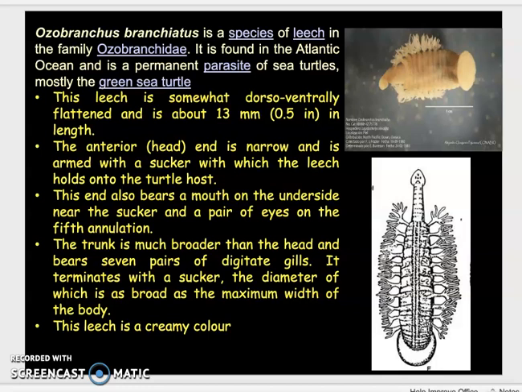The posterior region bears 11 pairs of lateral gills. A pair of eyes is present. The eggs are cemented to the body of the host, on the plastron of the turtle, where these cemented materials can be seen. The body of Ozobranchus is divisible into the trachelosome and urosome, with two gonads which occur on the 12th segment at the base of the trachelosome within a single genital aperture.